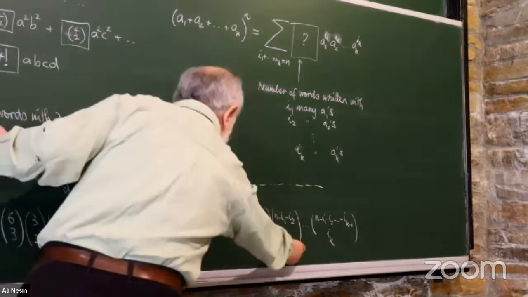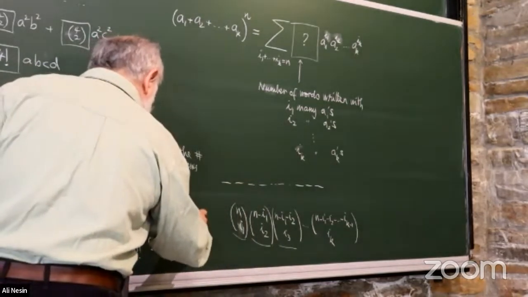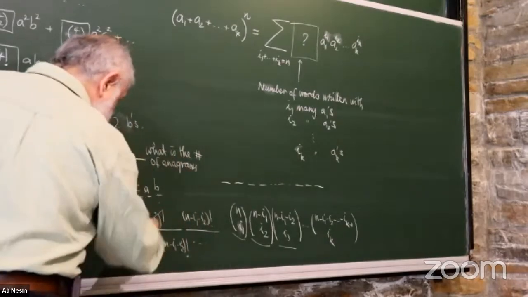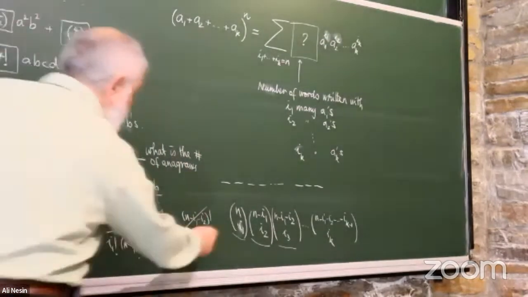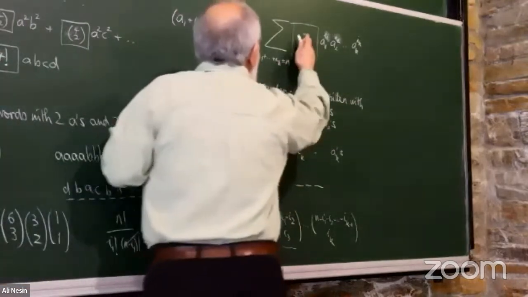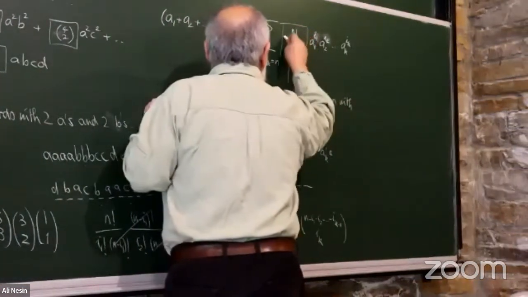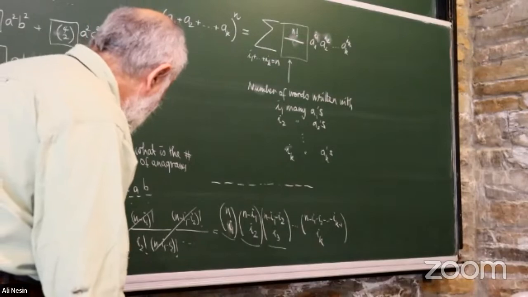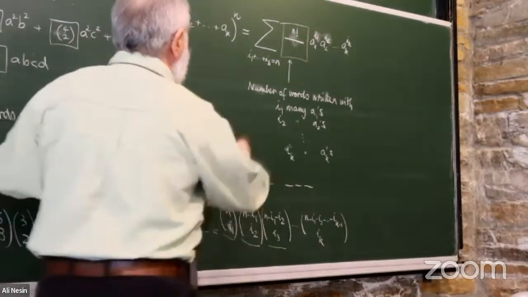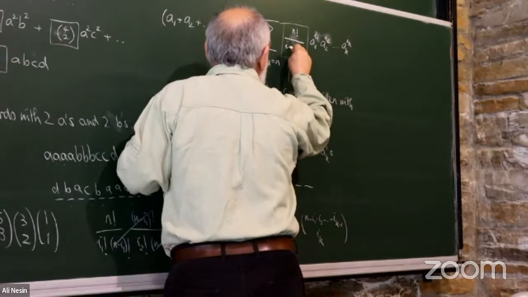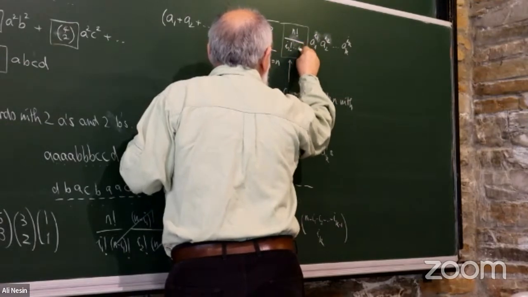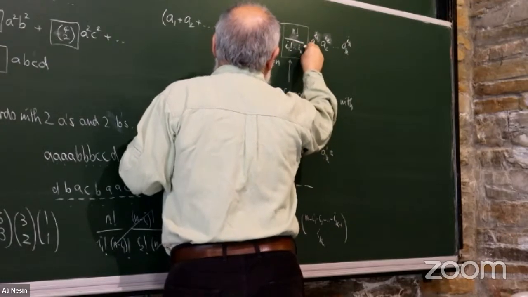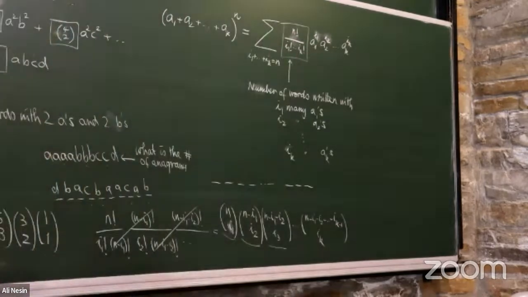Next, you have n minus i1 minus i2 factorial over and so on. As you see, these simplify, and you will be left with n factorial on top. There's only n factorial on top. At the bottom, we have i1 factorial, i2 factorial, i3 factorial, and so on. Those are the coefficients.